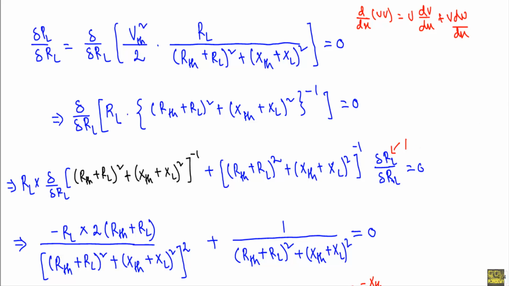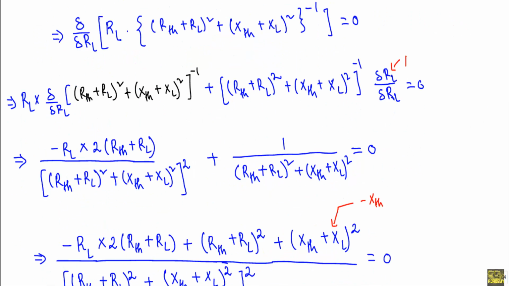So here I can write down minus 2RL into 2 RTH plus RL over RTH plus RL whole square plus XTH plus XL whole square, whole square, plus 1 over RTH plus RL whole square plus XTH plus XL whole square.